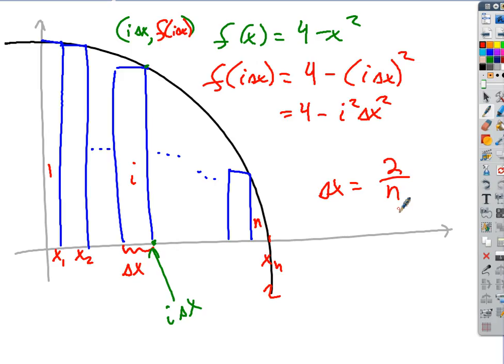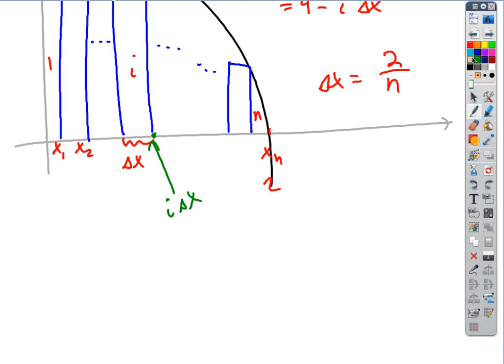If we can define a generic rectangle in terms of some index variable, i, then I should be able to add that quantity up however many times I need to, right? Well, we know the height is f of i delta x, and the width is delta x, so we've got everything we need. The area of the ith rectangle, let's call it a sub i, is just width times height.